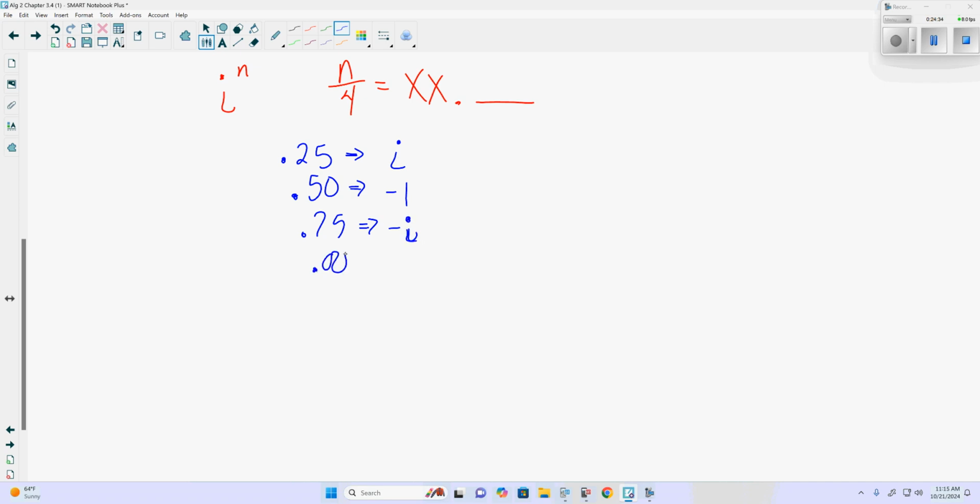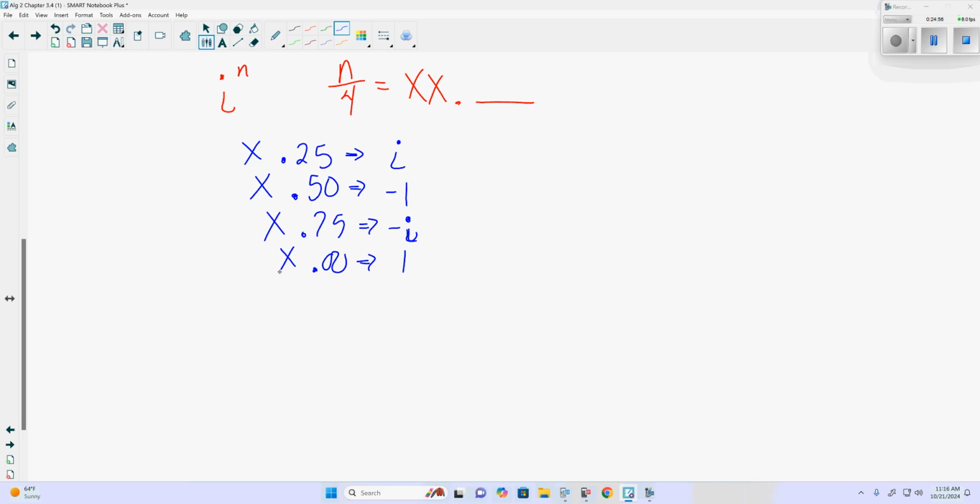And if the decimal is 0.00, or there is no decimal, then it's going to simplify to 1. The number in front, the whole number, does not matter. We're just purely looking at the decimal. Which one of these four decimals is it?